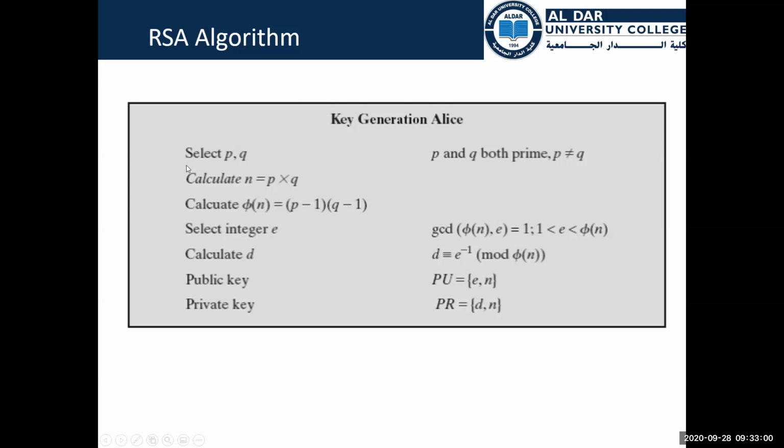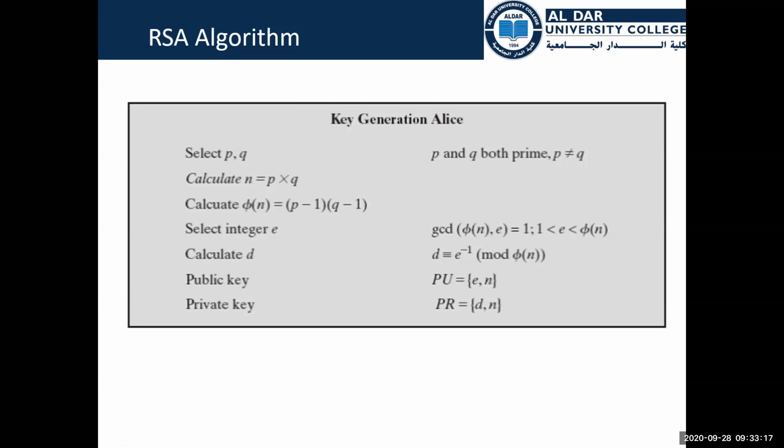She is going to select p and q, which should be large primes. Prime means the number is divisible by itself and one only, not divisible by any other number.